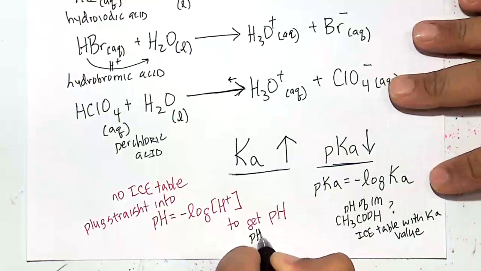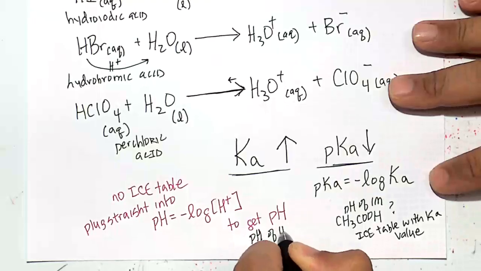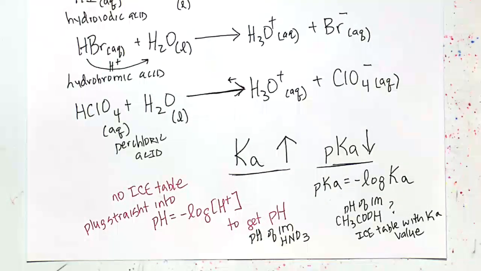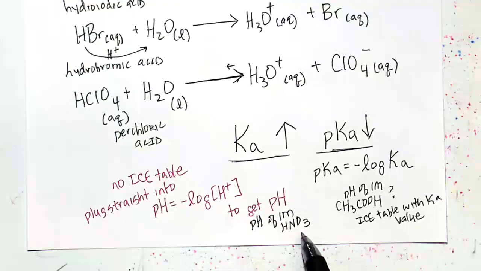But on the flip side, let's say we're taking an exam and I ask you what is the pH of 1 molar HNO3, what will the answer be? Is HNO3 a strong acid? It is in our list as a strong acid. It is one of our 6 strong acids. So how will we calculate the pH of that?